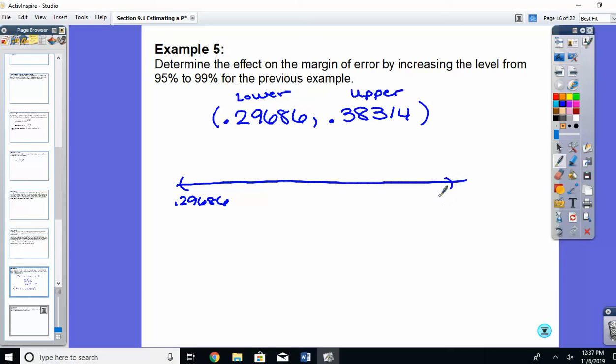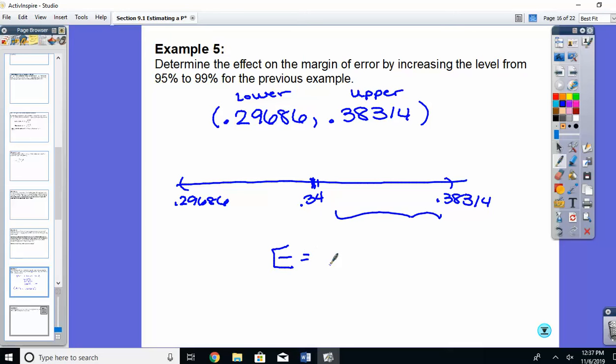Okay. So essentially this is our confidence interval. We knew our p-hat from yesterday, or it even tells you on here, what is your p-hat? So that's the middle. So to get your error, all you have to do is subtract. The error is just this distance right here.